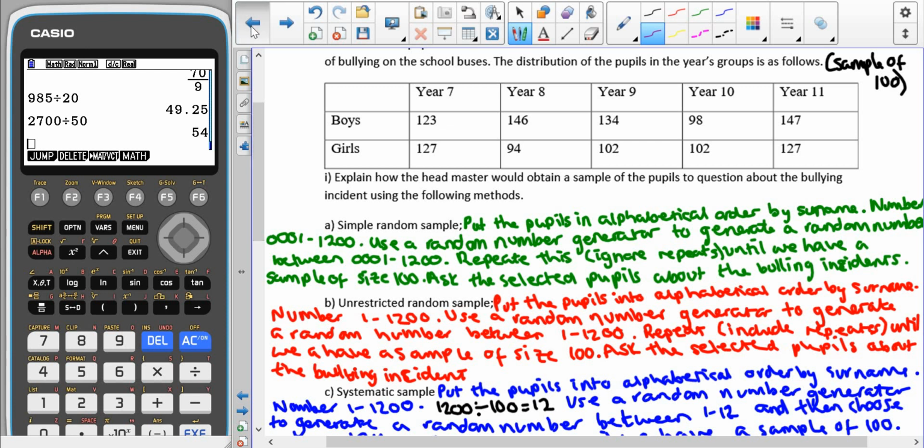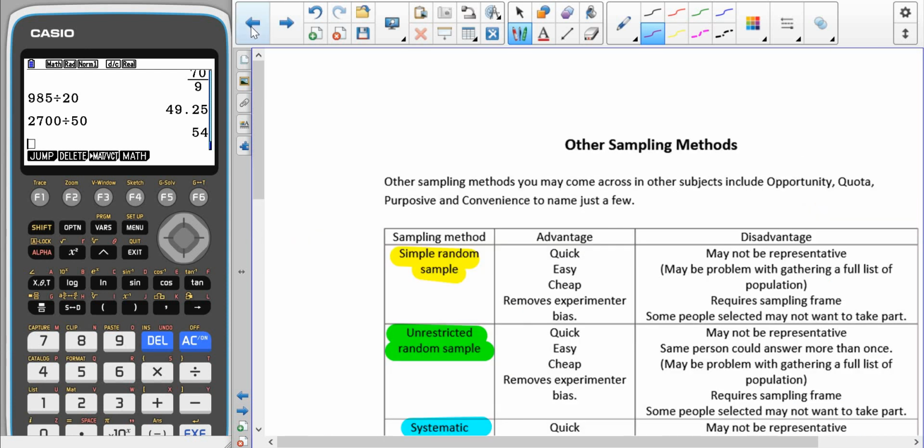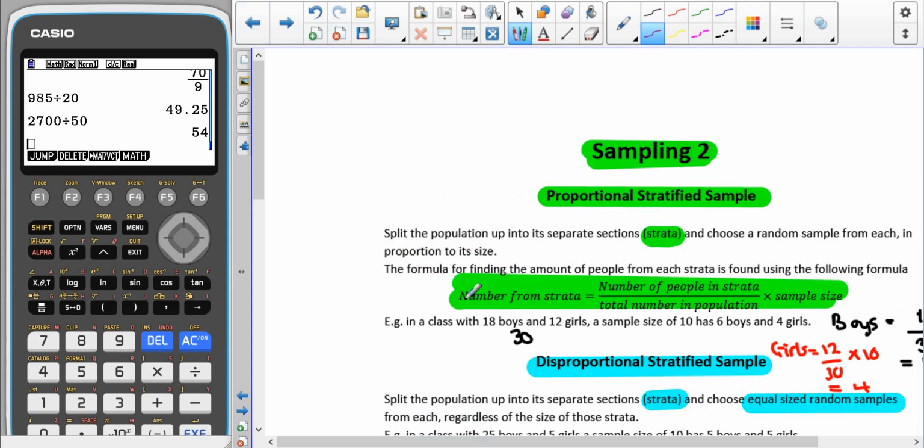So if you have a quick look back at the formula on the previous page, so back 2 pages, we're doing the number for the strata is going to be the number of people in the group divided by the population times the sample size.